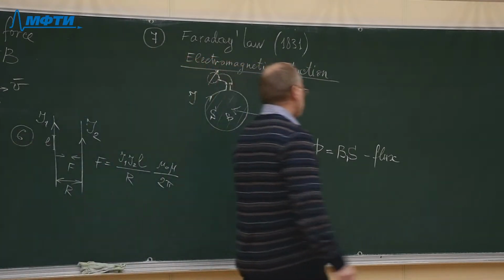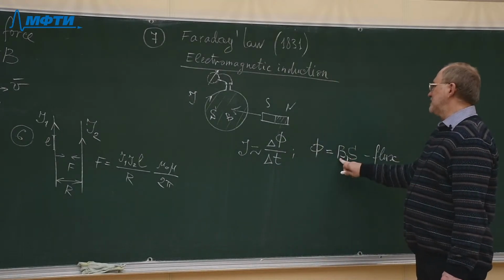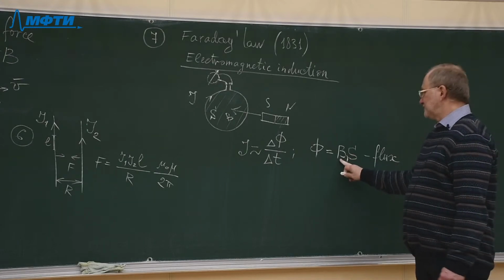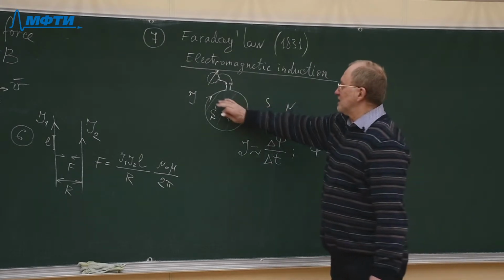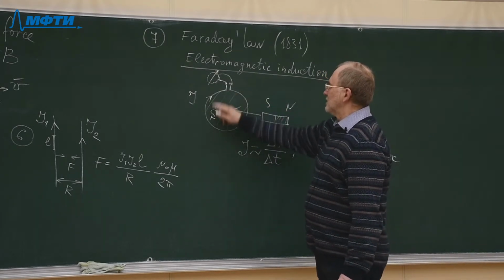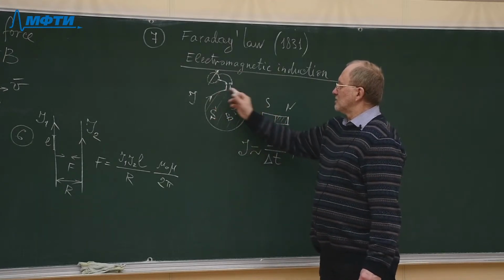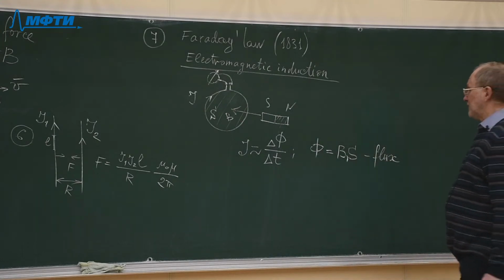And there are many possible ways to change the magnetic flux. We may increase the magnetic field, or we may decrease the magnetic field. Then the flux will change. The flux piercing the surface or the area of this plane, which is inside the wire loop.